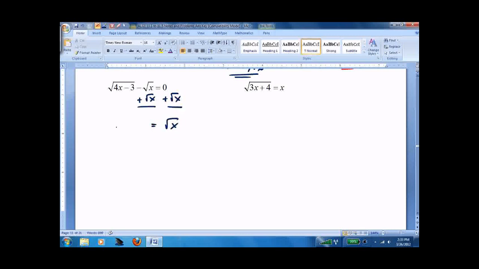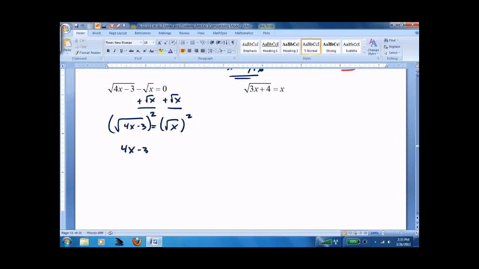Now, the rule is to get the radical alone on either side of the equals, because now we can square them both without causing problems. And that checks.